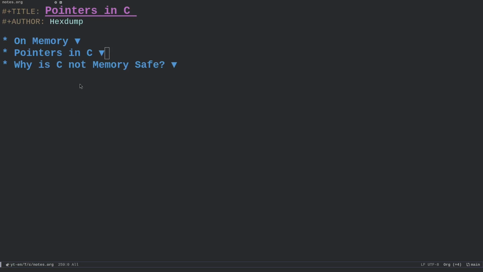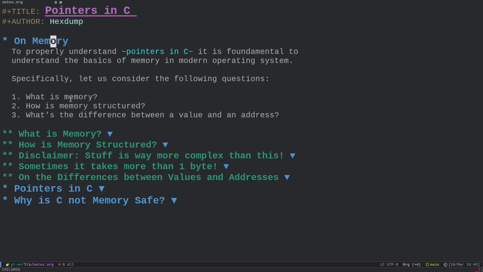So let's start our discussion by talking about memory. Because to properly understand pointers in C, it is fundamental to understand the basics of memory. After all, pointers are a way to interact with memory, to read and write memory. So basically, we need to understand the following questions.